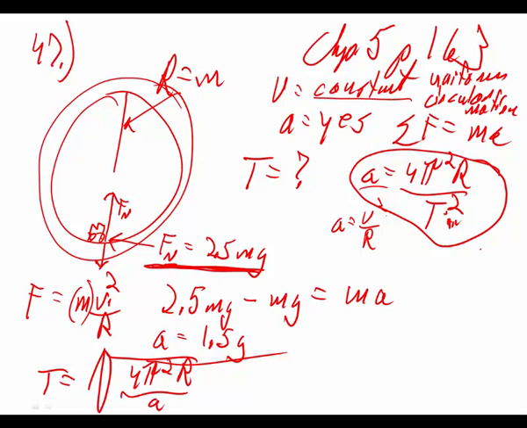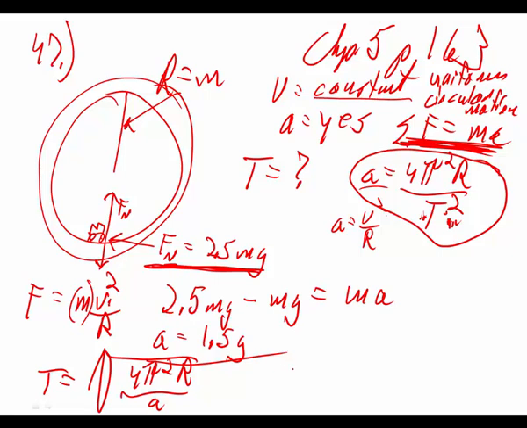Solve this equation right here for period. Does everybody see how I got that? We determined that it was accelerating. The normal force is this way, mg is that way, and that normal force is created from centripetal acceleration.